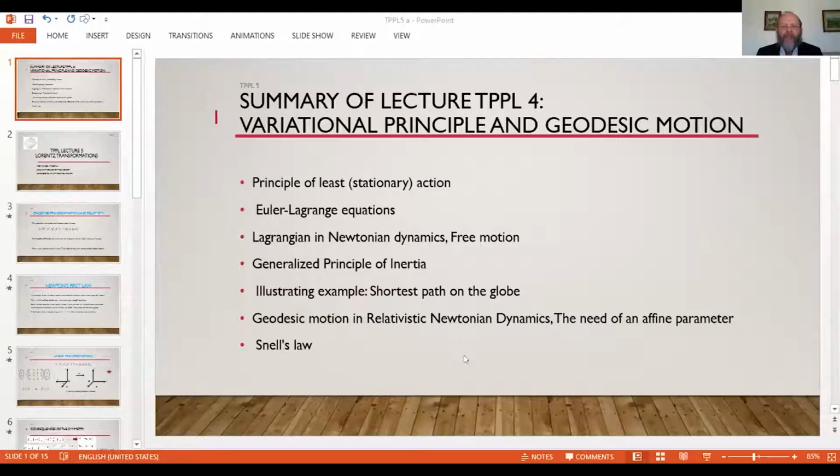Now we explained why we need an affine parameter. We saw that in this case, we know what the geodesic is. The geodesic is the shortest route, which is the analog of a straight line in flat space-time. That's the natural assumption for the Lagrangian.